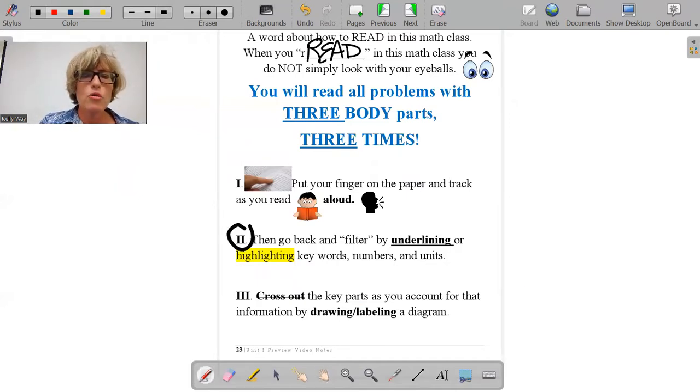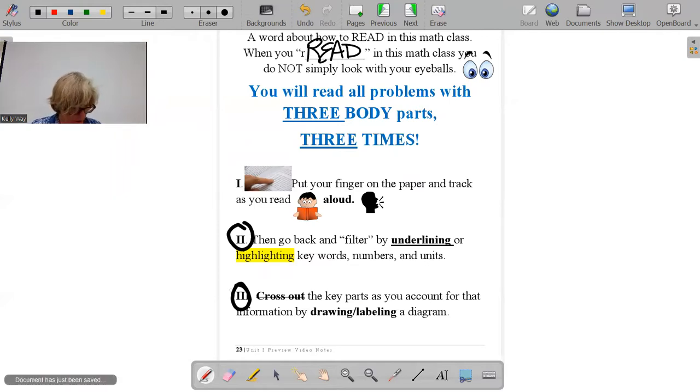Number 2, you go back and you filter by underlining or highlighting keywords or phrases. Pass number 3, you cross out the key words, the key parts, as you account for them in a diagram or labeling a diagram. I'm going to model this for you a couple times. So you need a highlighter and a pen of sorts.